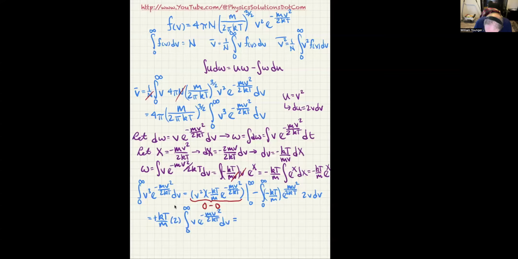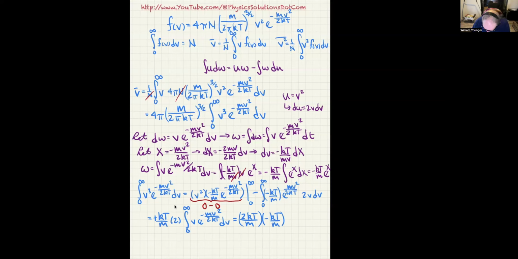So we can go ahead and replace that. That's going to be 2kt over m from the 2 and the kt over m that was already in front of the integral. Now I've got to put a negative kt over m for what would happen if we did the substitution of letting x equal negative mv squared over 2kt.